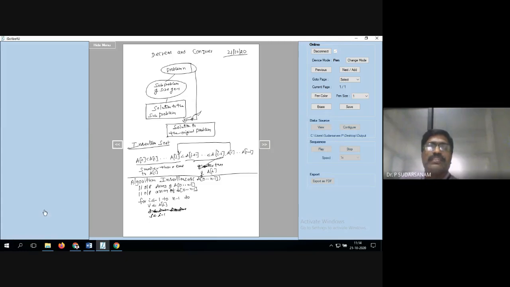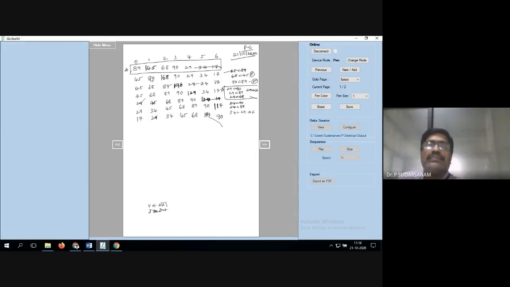J is equal to I minus 1 in the sense, see here, when you take 29, this is the I location. Now I want this location. So I have taken one variable name J. I minus 1 means the previous location I have taken. Now when you are comparing, 29 is less than 90, 29 is less than 89, 29 less than 68, 29 less than 48. Up to which location can you move left?